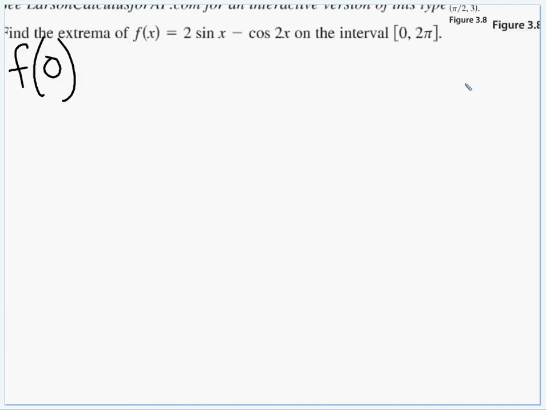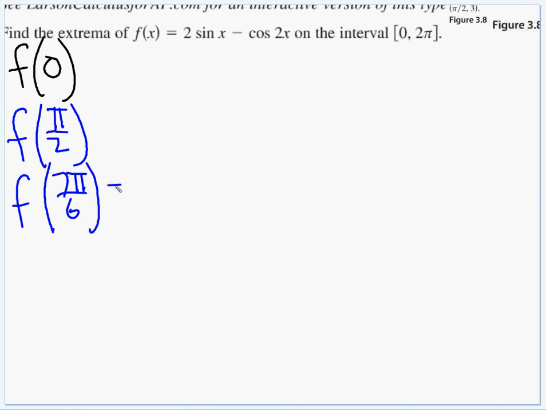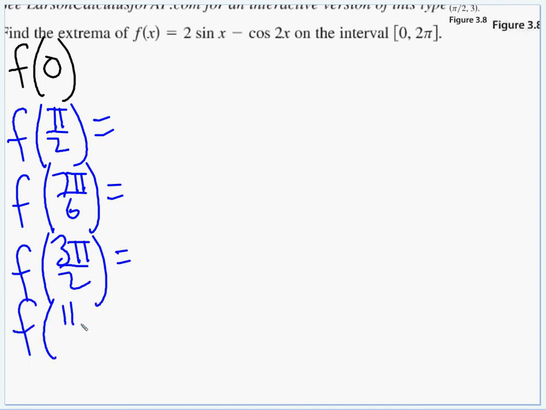Then f of 7 pi over 6, f of 3 pi over 2, f of 11 pi over 6, and then our right endpoint, f of 2 pi radians. All right, a good amount of these you can just do with your unit circle, or you can plug them into a calculator.